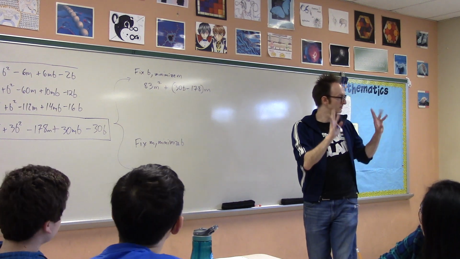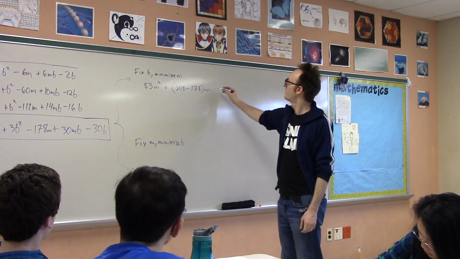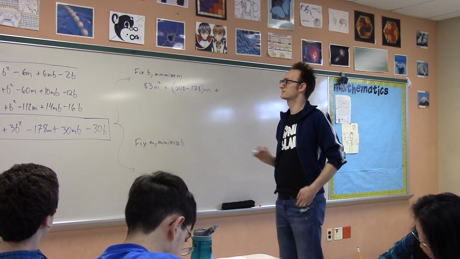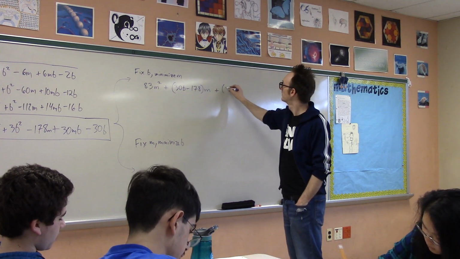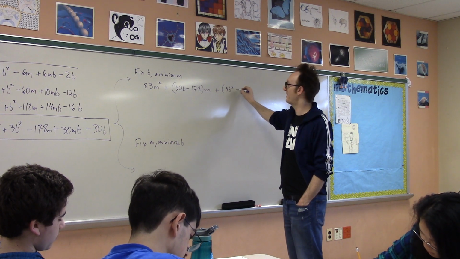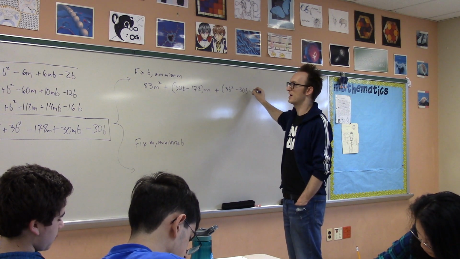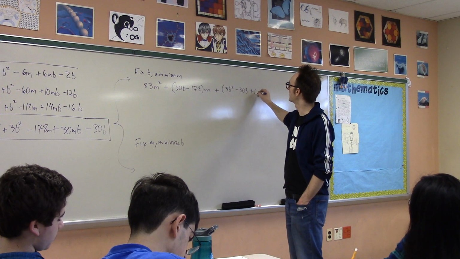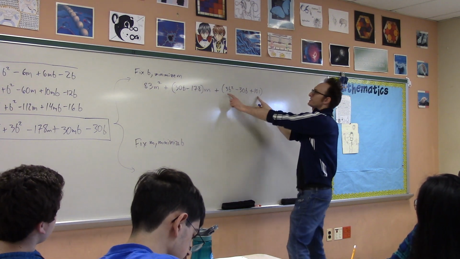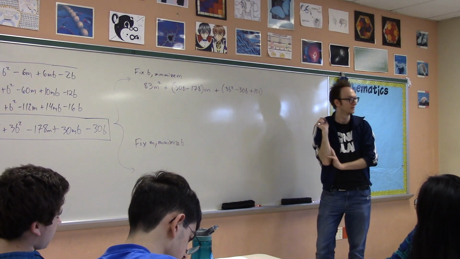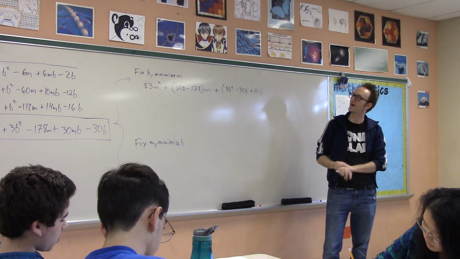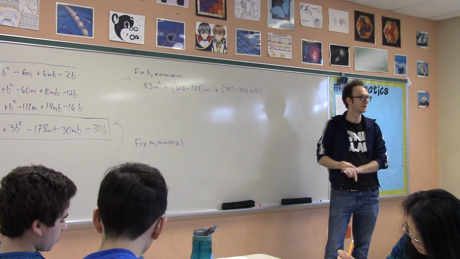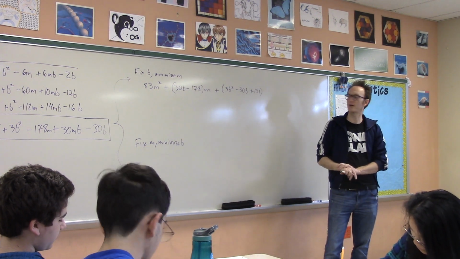Who's with me? Plus, what's everything else, which is just a constant? 3b squared minus 30b plus 101. Do you see why I'm grouping these all together as constants? Because I'm treating b like a constant for the moment. I'm treating m as the variable. Okay? That is kind of cool.